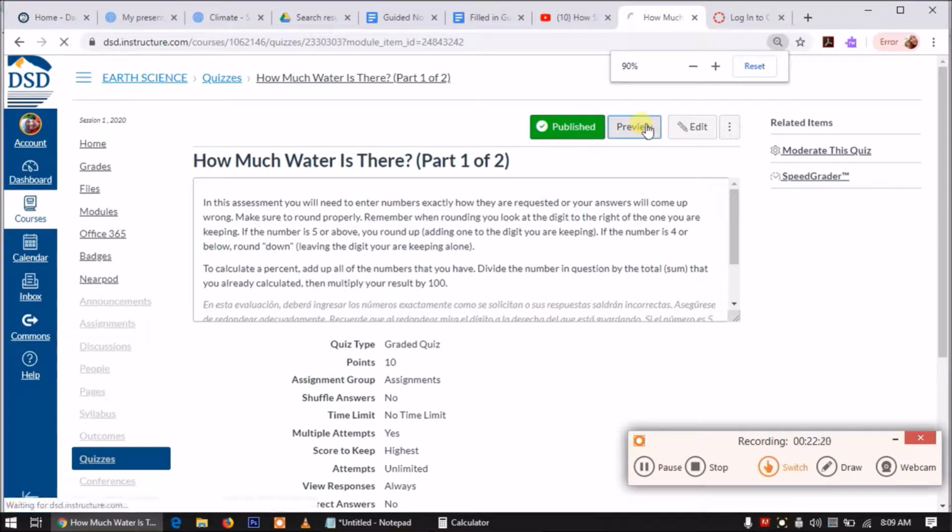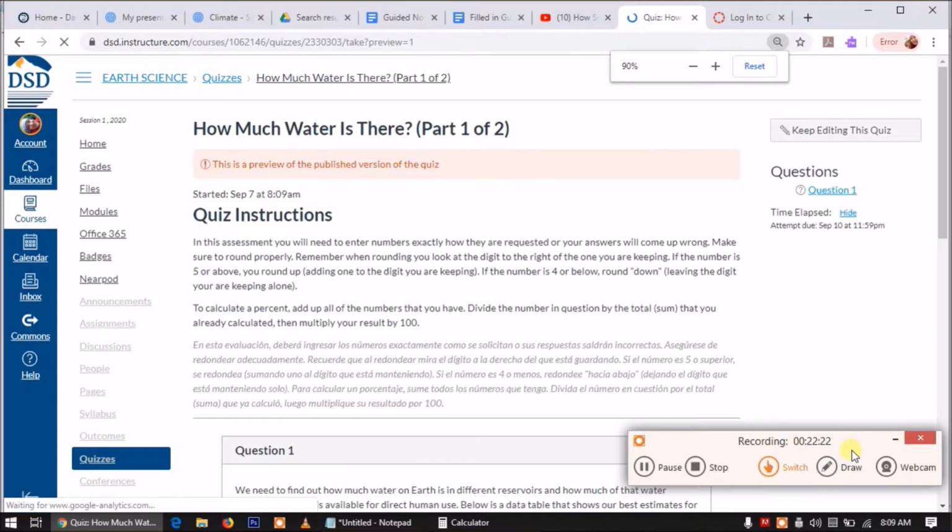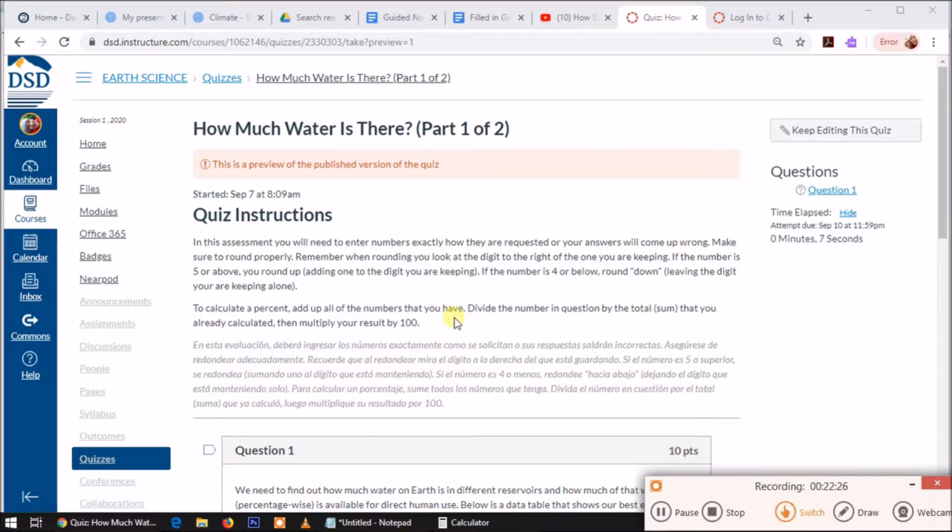Okay. So when you come here to this assignment, it says, in this assessment, you will need to enter numbers exactly how they are requested or your answers will come up wrong. Make sure to round properly. Remember when rounding, you look at the digit to the right of the one you are keeping. If the number is 5 or above, you round up, adding 1 to the digit you're keeping.